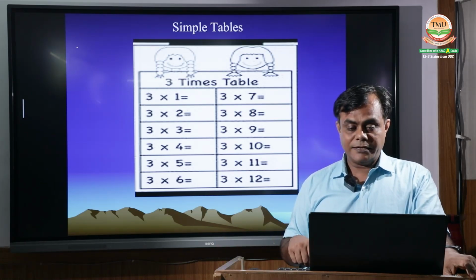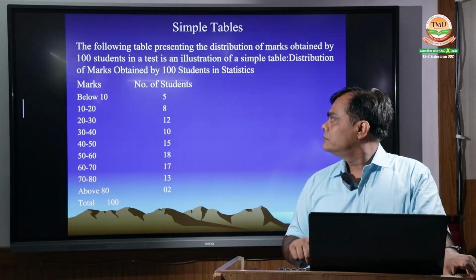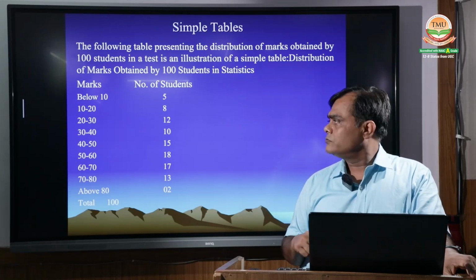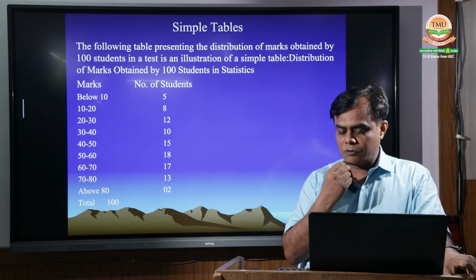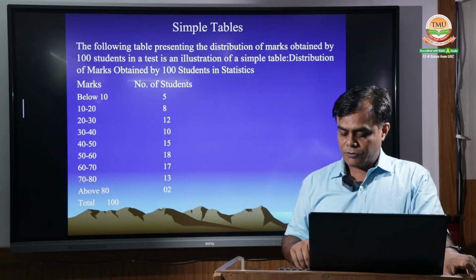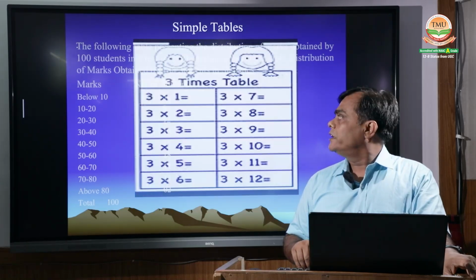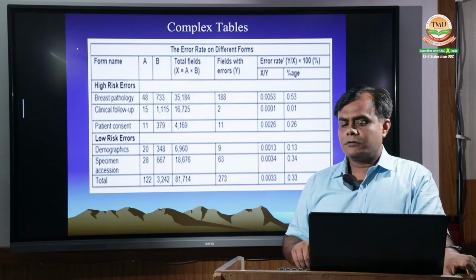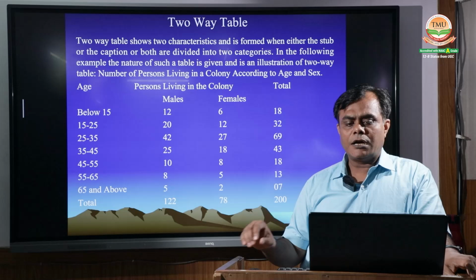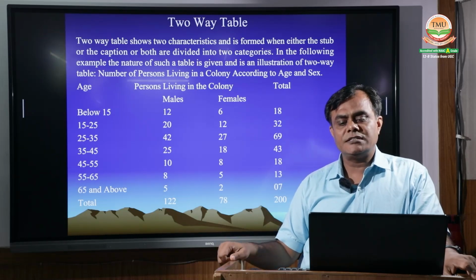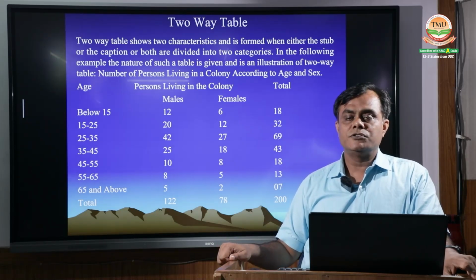And again I am showing the last slide. The last slide has only one characteristic, that is the characteristic of the marks of statistics of the 100 students. In a two-way table there are two characteristics, one is age and the second one is sex.